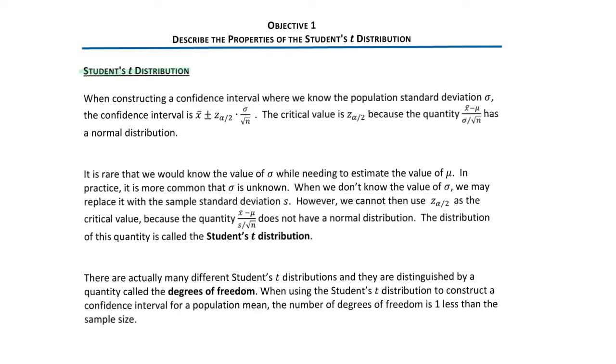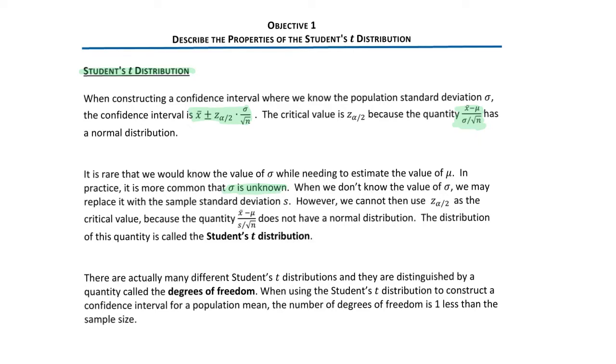Let's look at what is student t distribution. In the previous section, when sigma is known, we construct the confidence interval using this formula. And the critical value, we use this formula. And it has a normal distribution. But in practice, it is common that sigma is unknown.